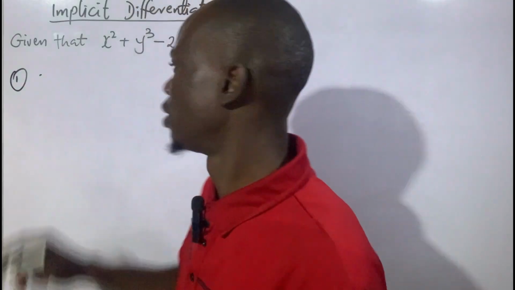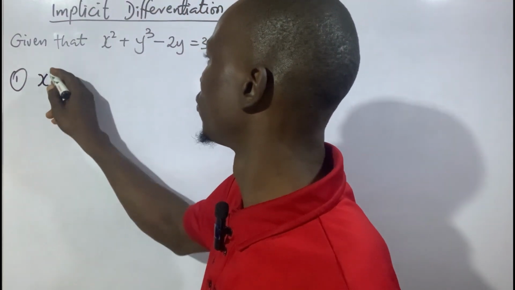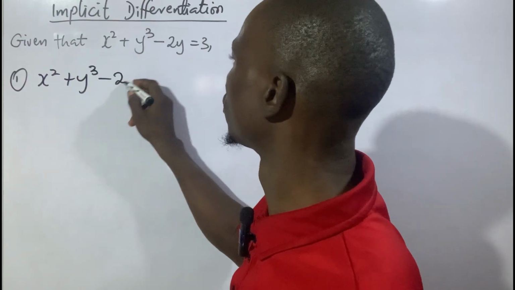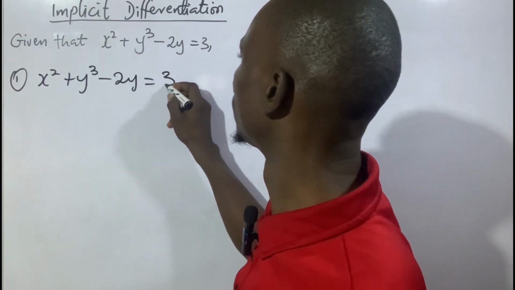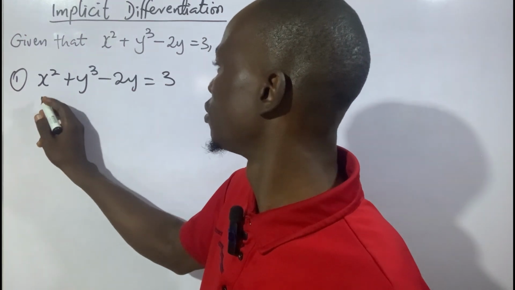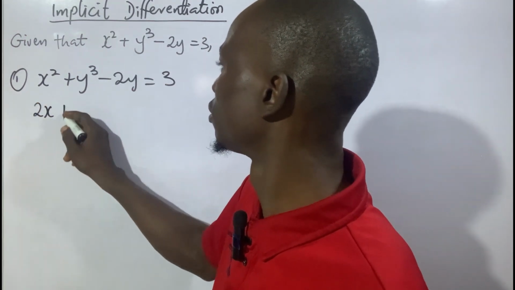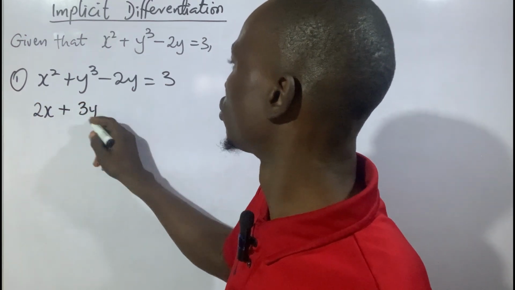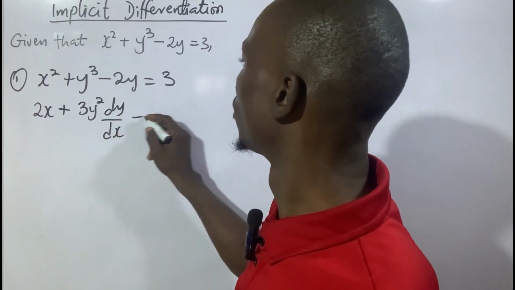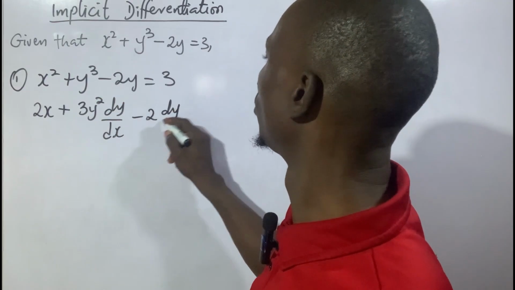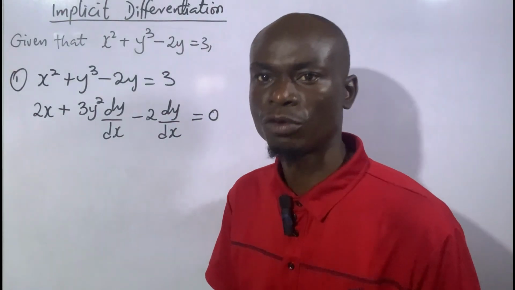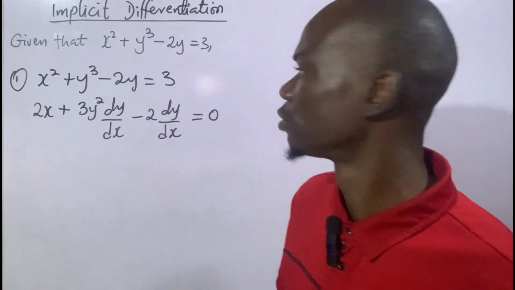To get dy/dx, we follow the process of differentiating an implicit function. So when we differentiate this, we are going to have 2x plus 3y squared dy/dx minus 2 dy/dx equal to 0, following our regular differentiation.